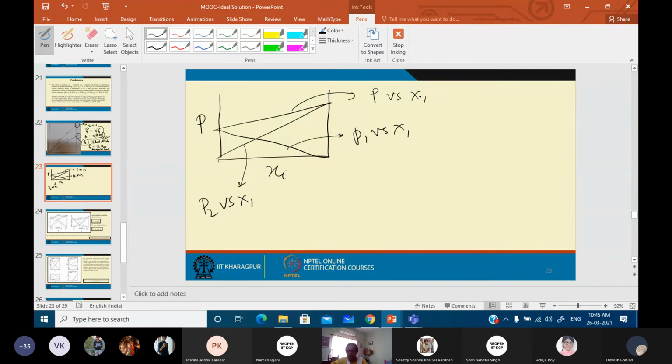When you have a non-ideal solution, what happens? Naturally, this curve is not going to be linear. You agree with me? Because the whole thing has come from fugacity, the ideal solution model, which says Fi equals Xi Fi, or in other words, Pi equals Xi Pi saturated. From here only this linearity has evolved.